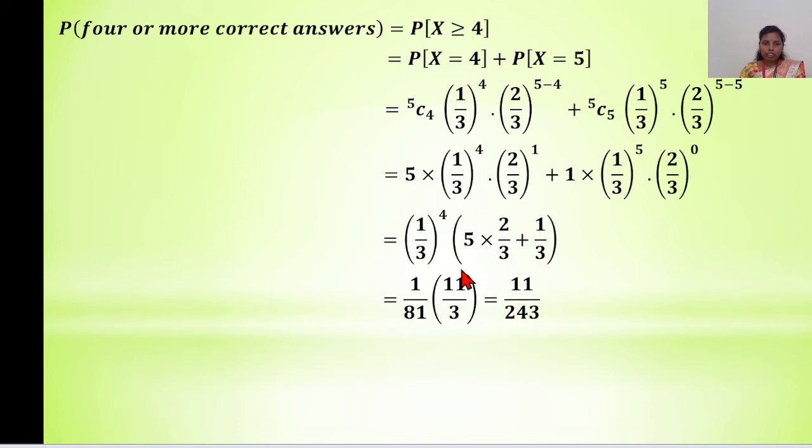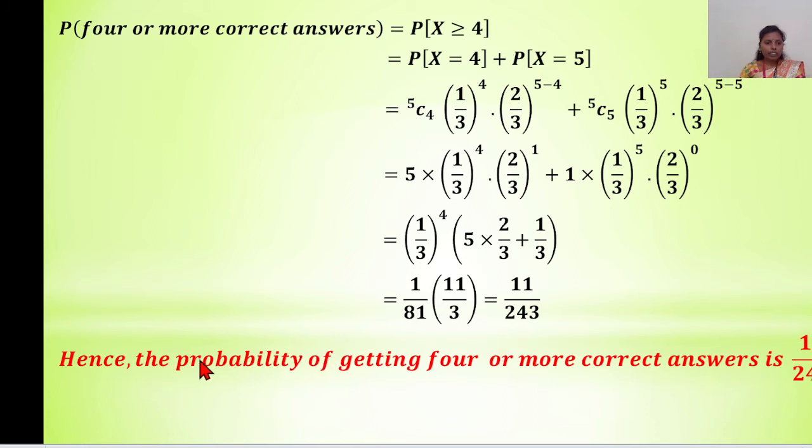Then by solving, we get 1 upon 81 into 11 upon 3, that is equal to 11 upon 243. Hence, the probability of getting 4 or more correct answers is 11 upon 243.